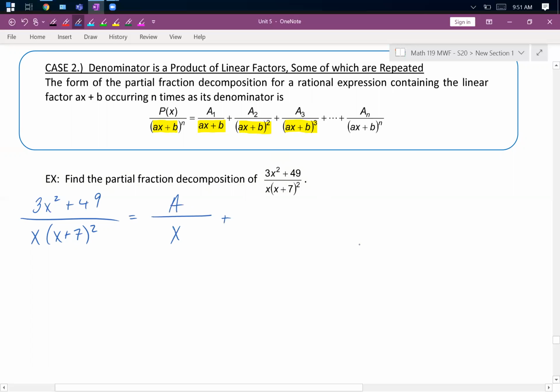And now, dealing with that repeating linear factor, we're going to take it to the first power and then to the second power. And if that had been to the fifth power, we would have done to the first, second, third, fourth, and fifth power.